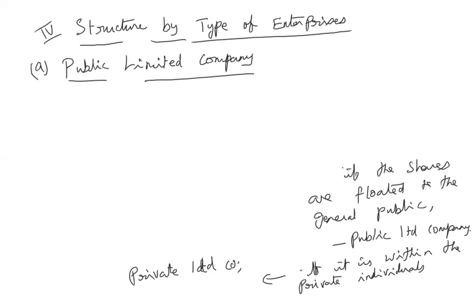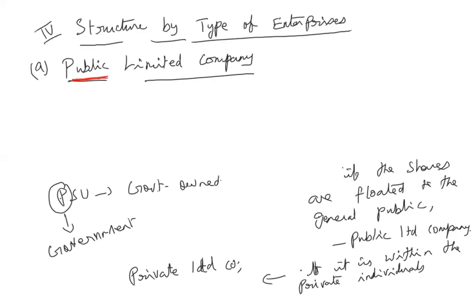Another thing: public sector undertakings are government owned. In public sector undertakings, this public refers to the government. Here in this public limited company, this public refers to the general public. So don't get confused.